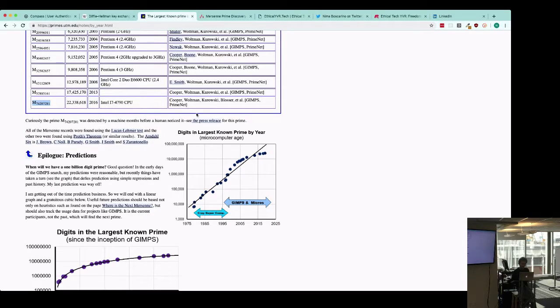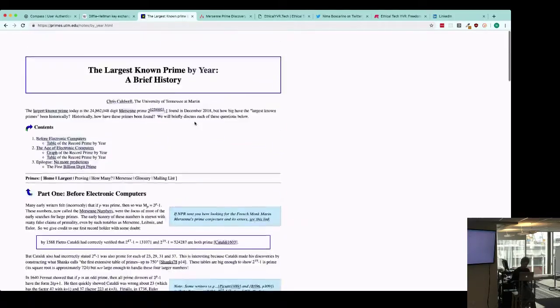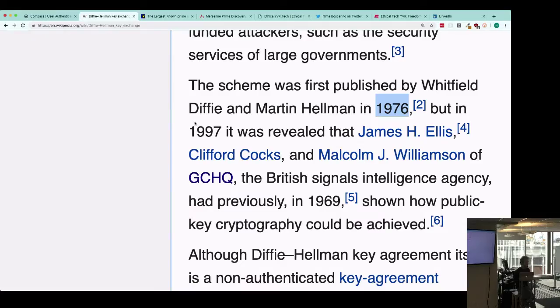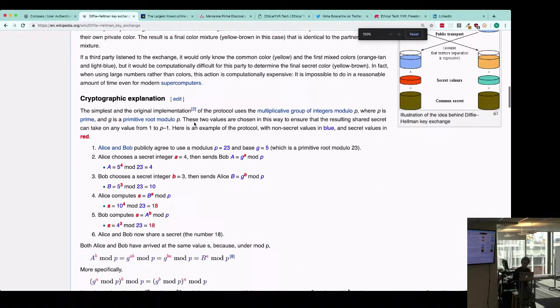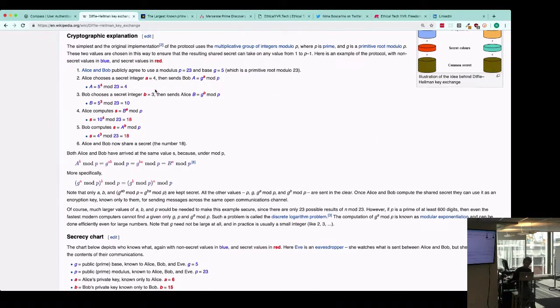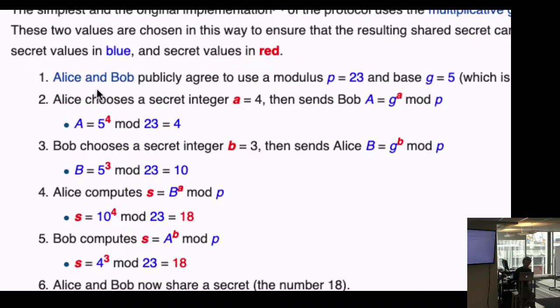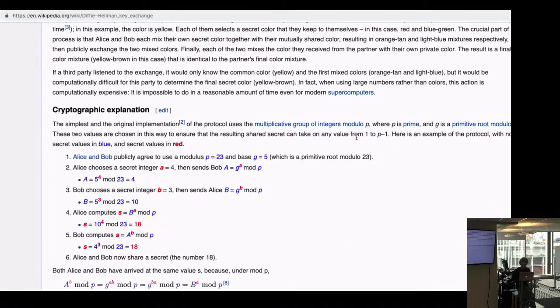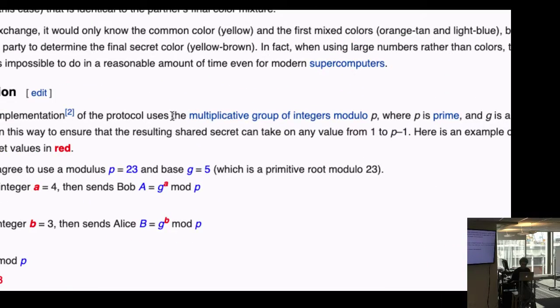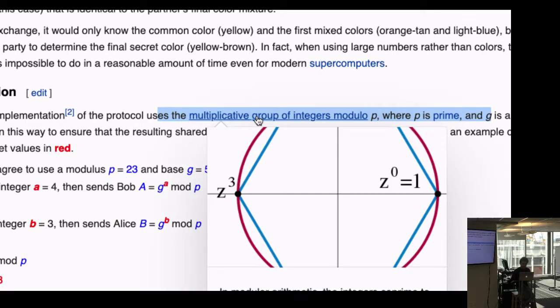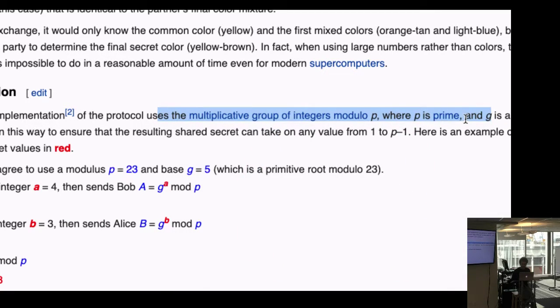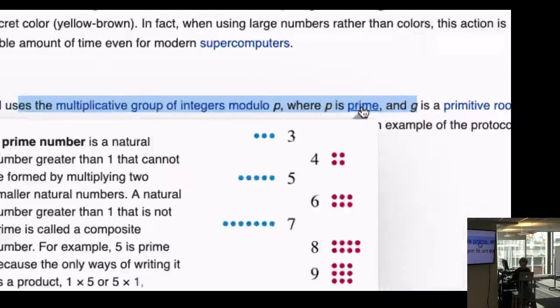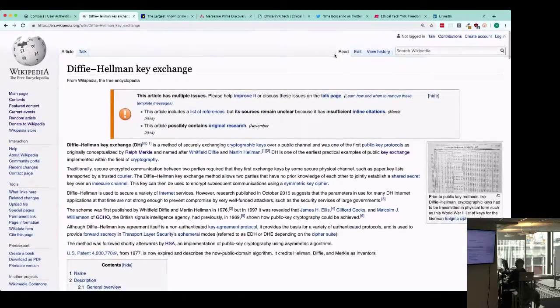So today, so far, we've learned about really big numbers, exchanging secrets, and we're gonna dive into a couple more things. I guess when we finished off, if you want to see the math behind the Diffie-Hellman key exchange, here it is. But it kind of centers around this idea: multiplication of numbers that are prime, or involving numbers that are prime, in one way or another.